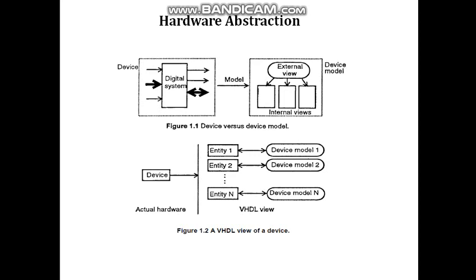Device model 1 represents entity 1, device model 2 represents entity 2, likewise. Even though entity 1 through n represent n different entities from the VHDL point of view, in reality they represent the same hardware device.